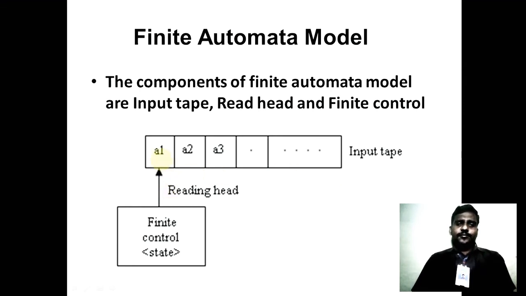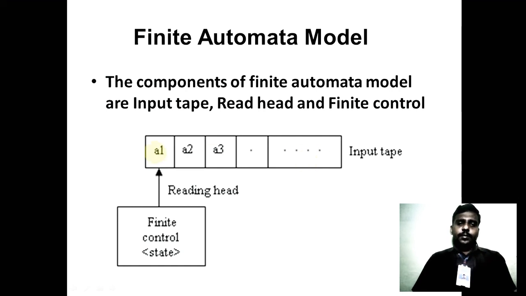Finite automata consists of an input tape, a reading head, as well as a finite control. This is nothing but the algorithm. The input head points to the first input of the input tape. Every input, that means one input, is placed into one cell. This is the cell. The input tape consists of a number of cells, infinite number of cells. However many inputs we want to add, we can add all the inputs in the input tape. So this is infinite.